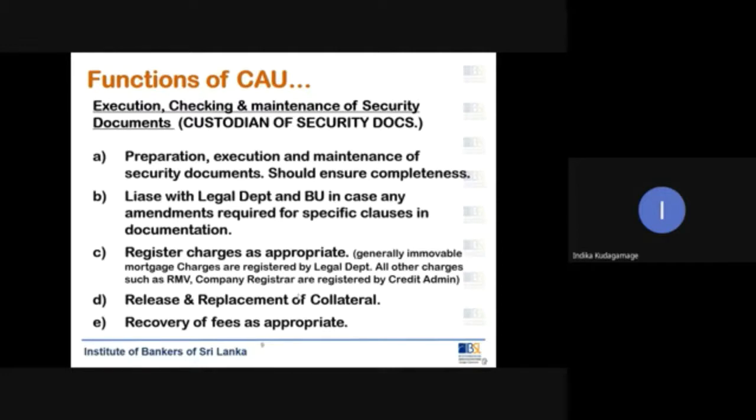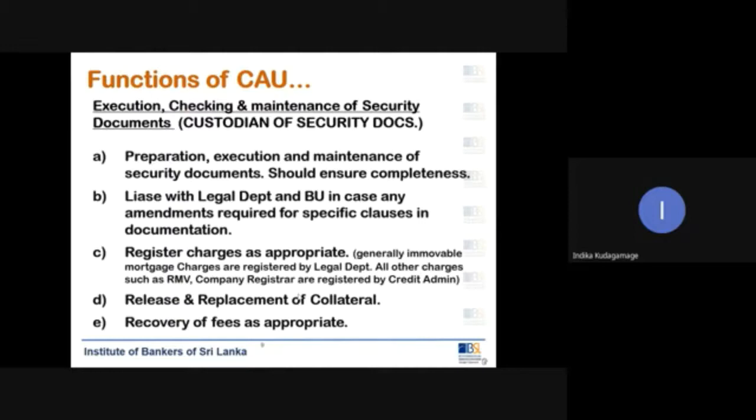We put different covenants. If we have put something not familiar or not usual, they are the ones who need to discuss with the legal department and the business line to get the covenant properly worded. Right? So you need to have the covenants in place properly.